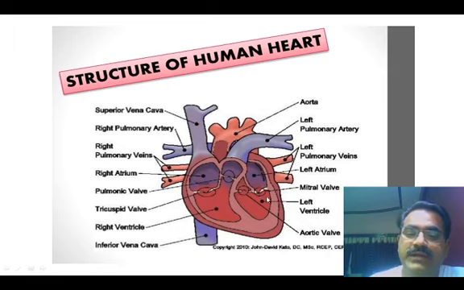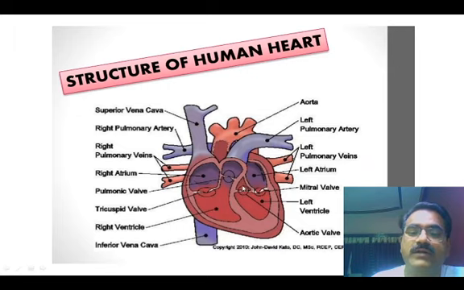So the blood enters the left ventricle, and from the left ventricle the blood enters the dorsal aorta with the help of the aperture, which is guarded by the aortic valves.